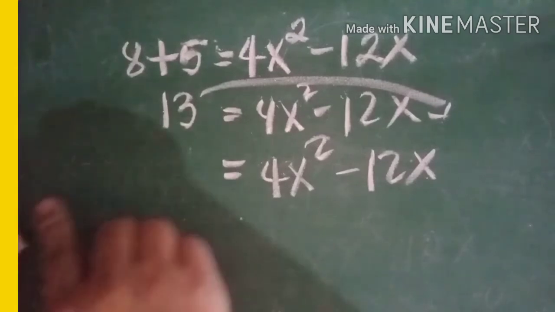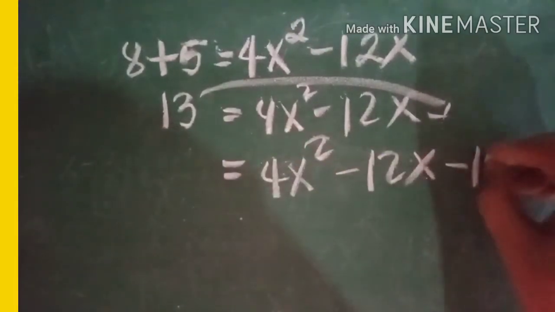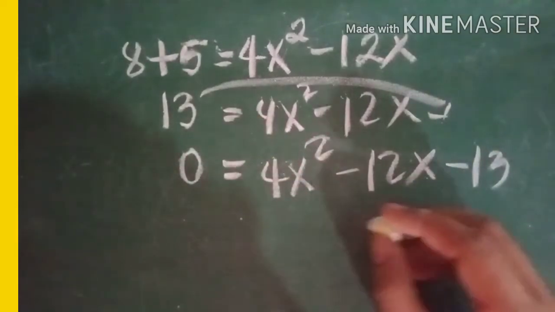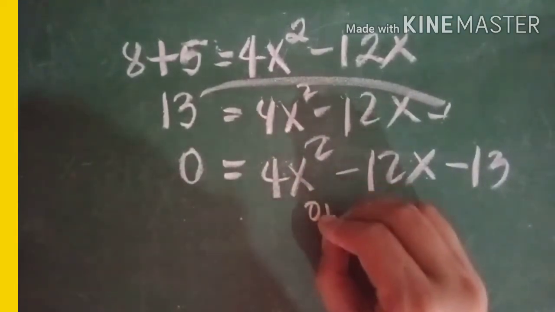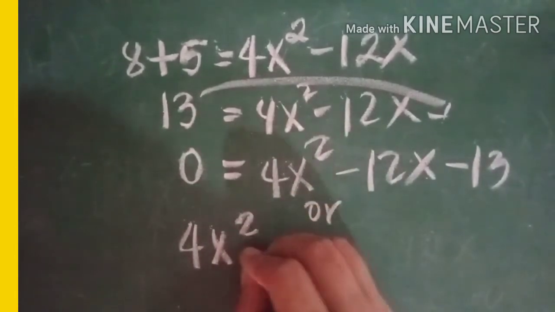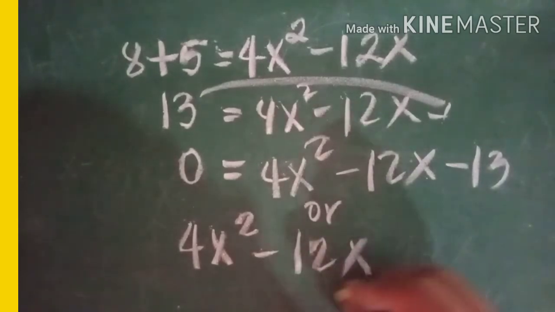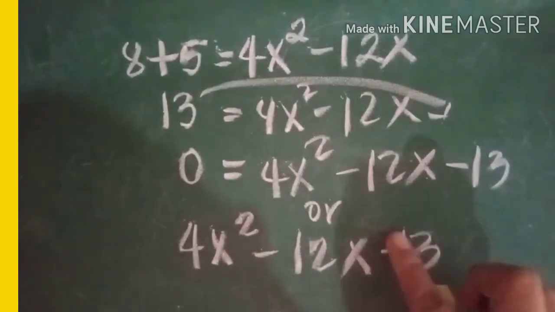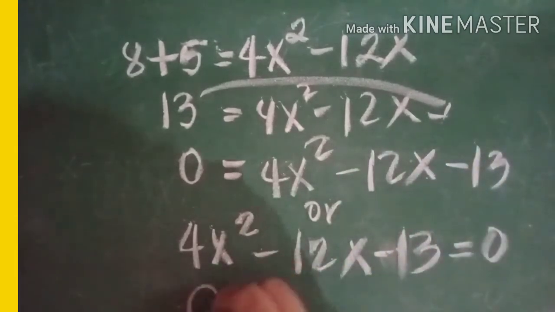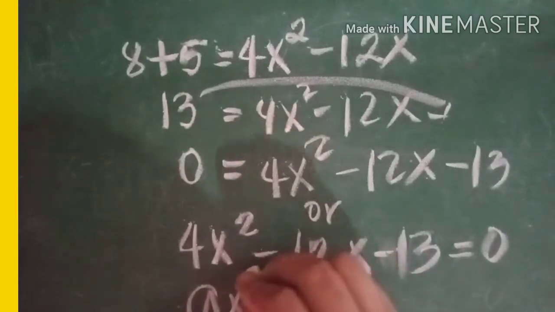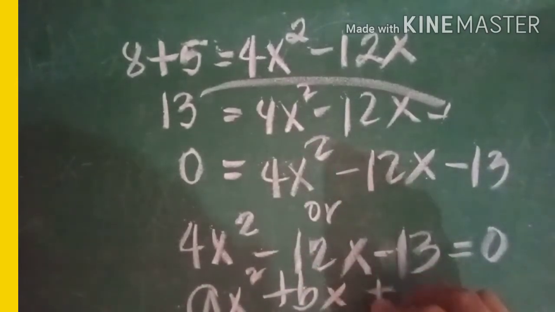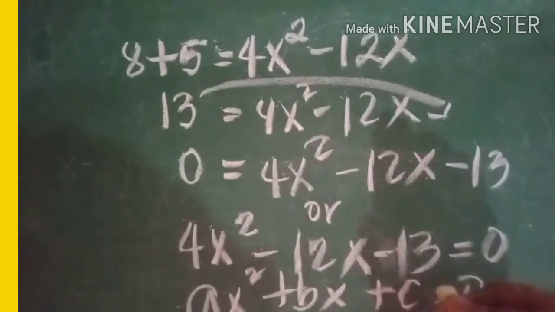And then, change natin yung sign ng 13. So, gagawin natin negative 13. Then, equate natin sa 0. Or, pwede nating iayos. You have 4x squared minus 12x minus 13. Okay? Equals 0. Now, it is in the form of ax squared plus bx plus c equals 0.